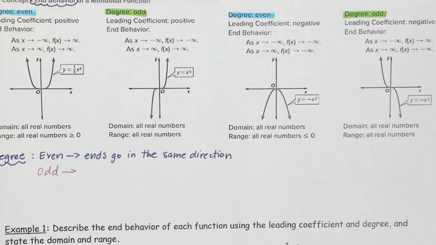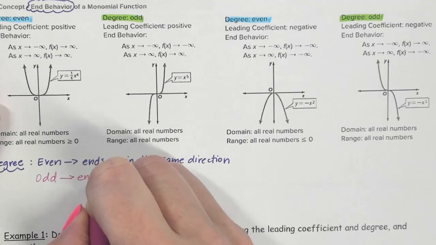If you want to have an answer in your head and wait to confirm, that's okay too. Okay, and then Natalie, will you share with us what you wrote down about if it's odd? Yep, that's exactly right. So if the degree is odd, the ends are going to go in opposite directions.